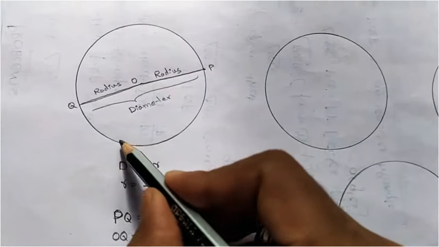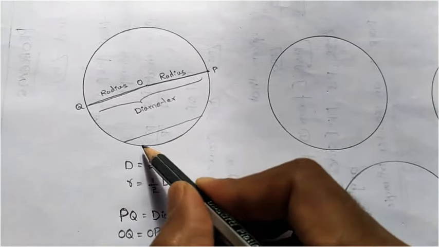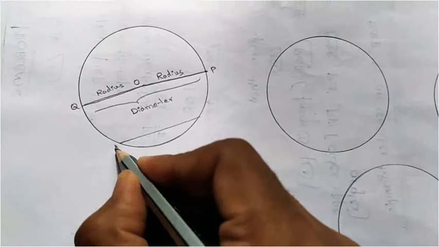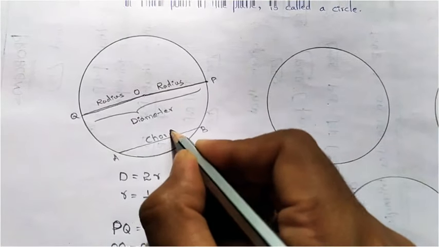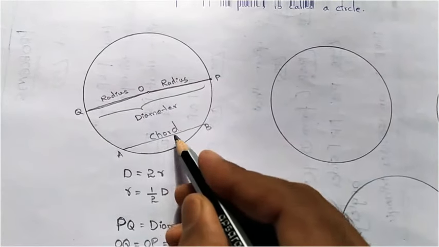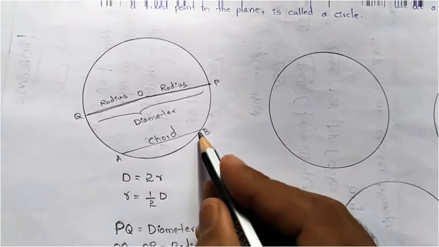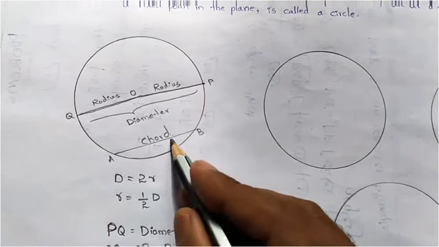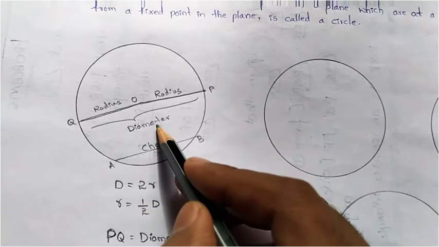Then if I join any two points without passing through the center, let us take here A, B. This is the chord, CHORD, chord, joining any two points on a circle. If this line passes through the center, then we get the diameter.